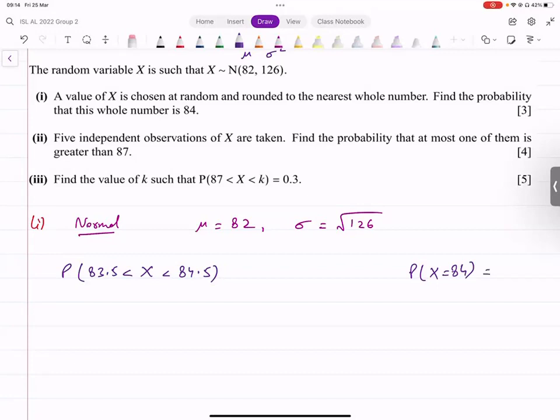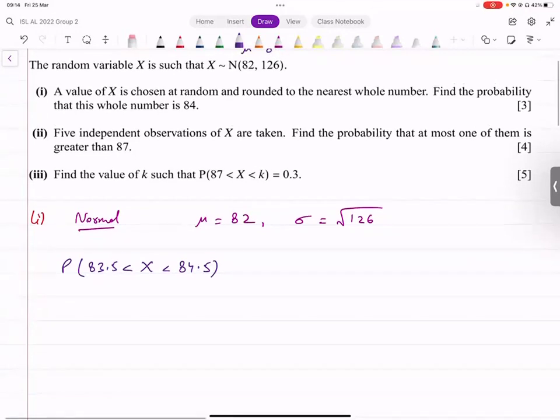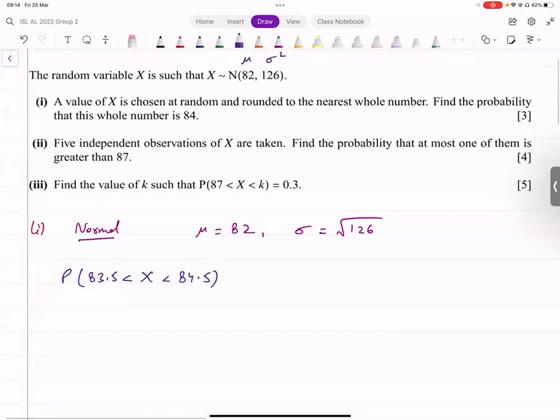Equal to की probability हमेशा 0 होती है continuous के अंदर. So equal to 84 भी हम यहाँ पे नहीं करेंगे. Round off करके 84 आता है, इसका मतलब है x should be between 83.5 and 84.5. ये probability हमें निकाल लेनी है. कैसे करेंगे? We can convert it to z first.